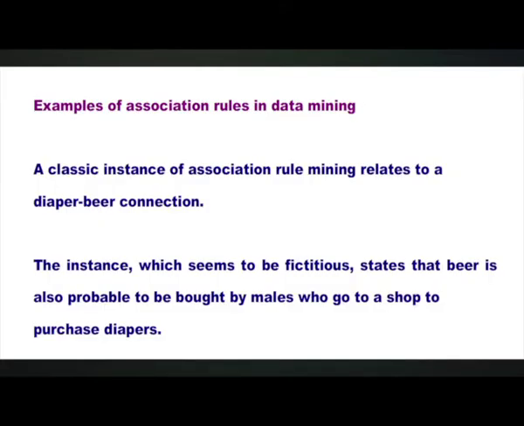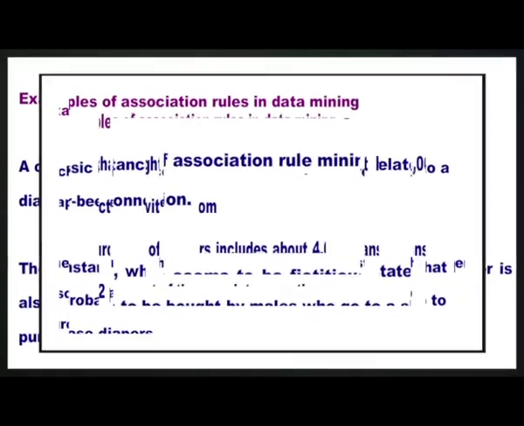Here are a few. A classical instance of association rule mining relates to a diaper and soft drink connection. The instance, which seems to be fictitious, states that soft drinks are also probably bought by males who go to a shop to purchase diapers.